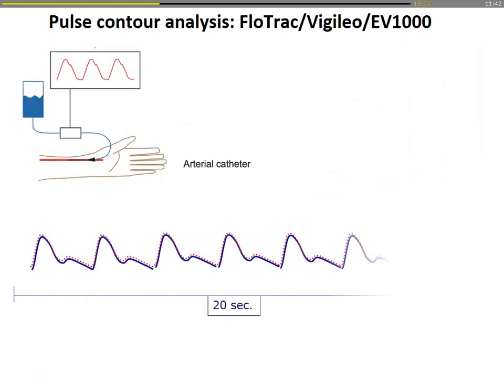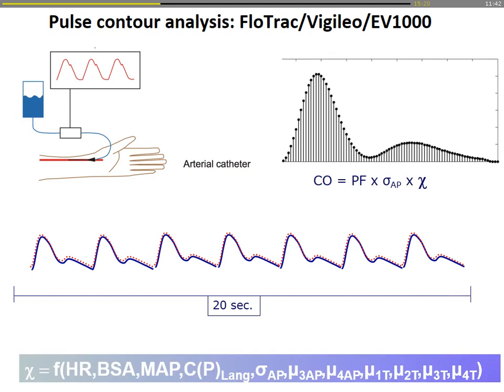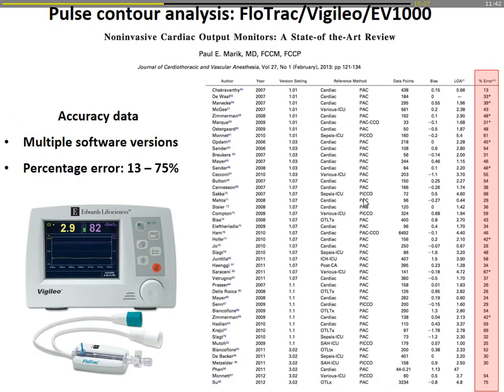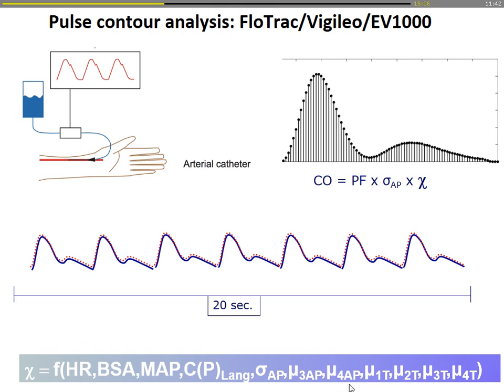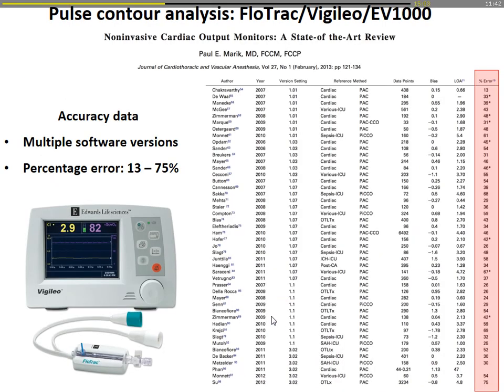How does it do this? It collects the arterial pressure signal for 20 seconds, then it measures the standard deviation of this pressure signal, and by deriving this information and multiplying it with heart rate and a number of patient factors, it can calculate the cardiac output.